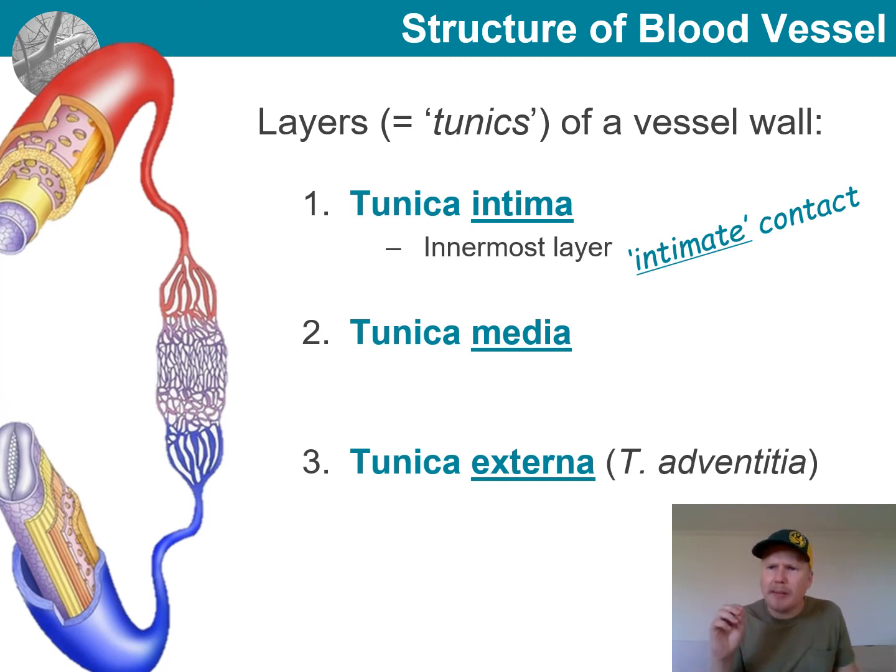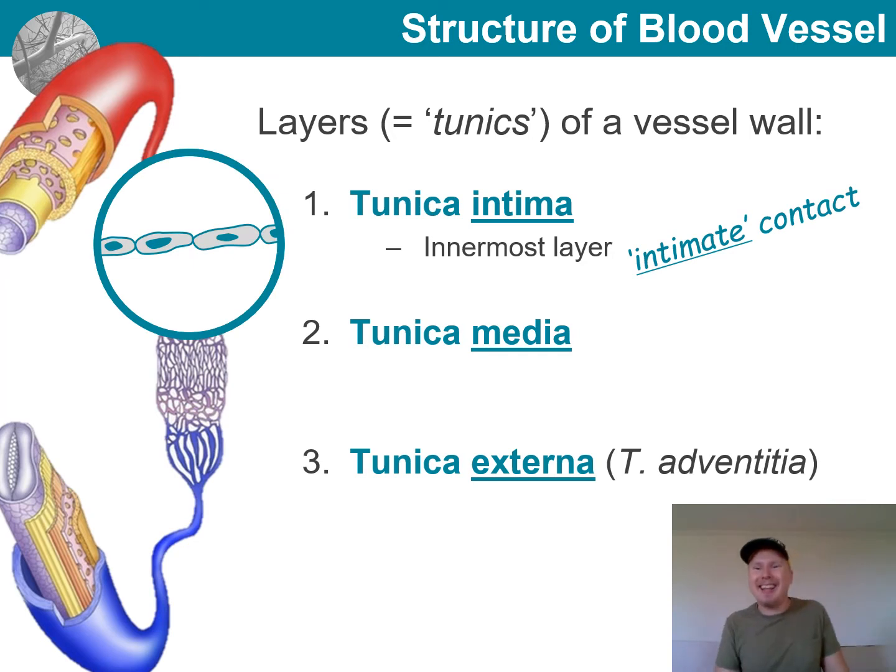Do you remember what this tissue type looked like? If not, I will add a link to a video on the types of tissue at the end of this video. But if you do, well, here is a nice diagram of a cross-section of these types of cells.